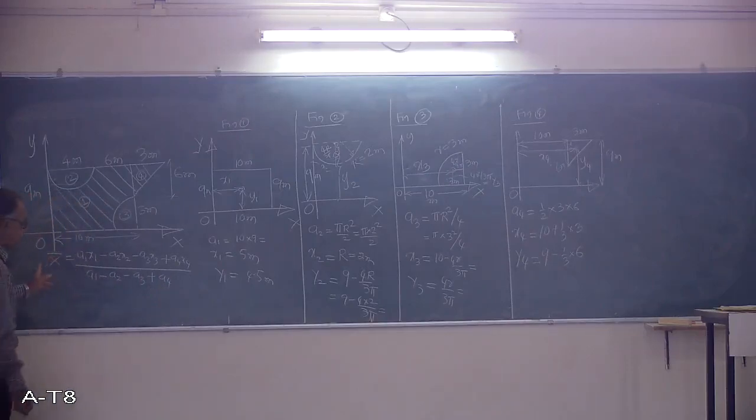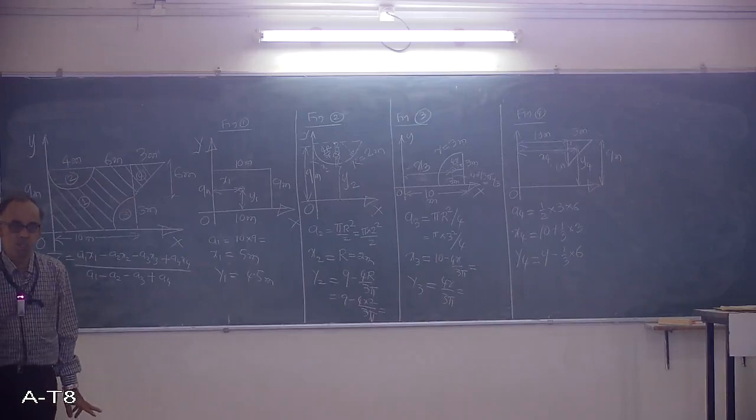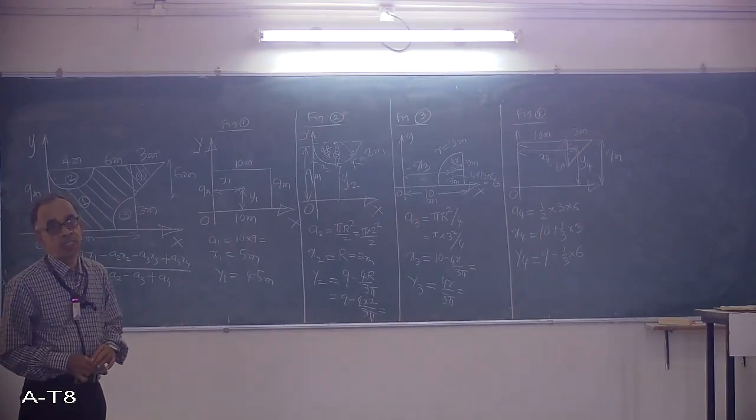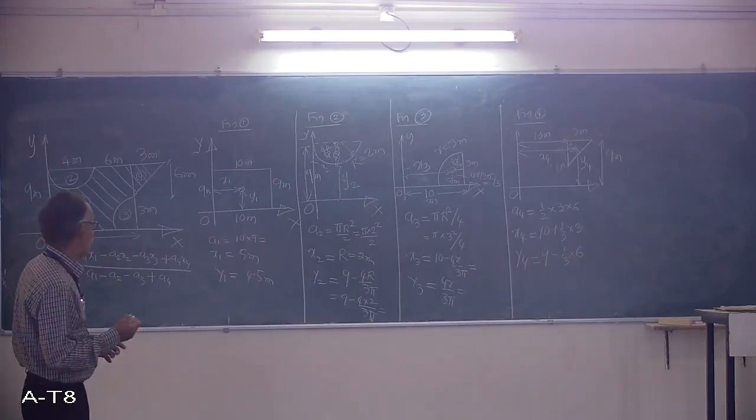So you have to write the values correctly. Any small mistake, and the problem will go wrong, so you should be very careful and calm. Otherwise, the problem will go wrong.